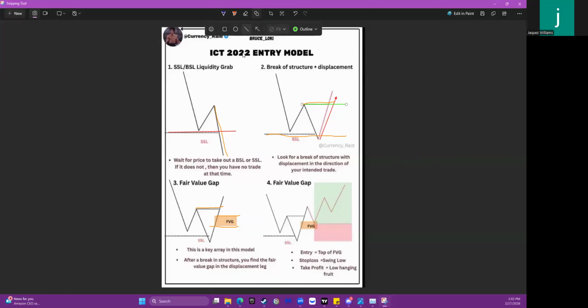You got the liquidity sweep where we came down and swept liquidity. You got the market structure shift where the trend changed to bullish. Then you get the pullback where we tap into a fair value gap, and now we can just ride price up to this, or at least to that original point right there.